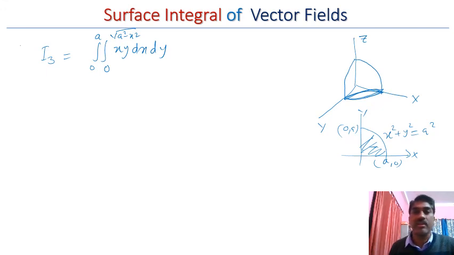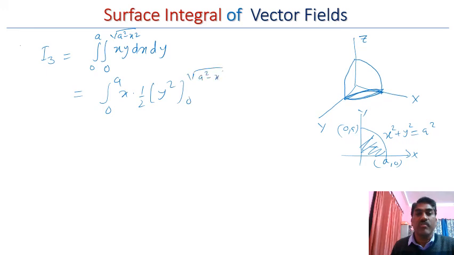We have already learned how to put these limits, so you can integrate this. This is simply 0 to a, and we integrate y first. So this is 1 by 2 y square from 0 to square root of a square minus x square dx, which is 1 by 2 integral 0 to a of x times a square minus x square dx.